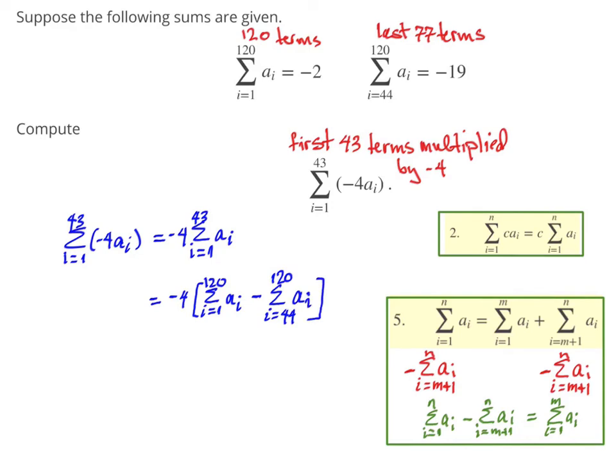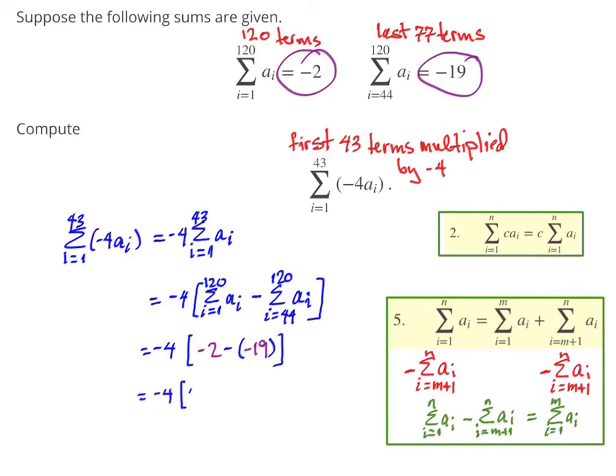And now we can use the two sums that we were given. We were given that the sum of all 120 terms was negative 2, and we were given that the last 77 terms added up to negative 19. And now we get negative 4 times positive 17, which is negative 68.